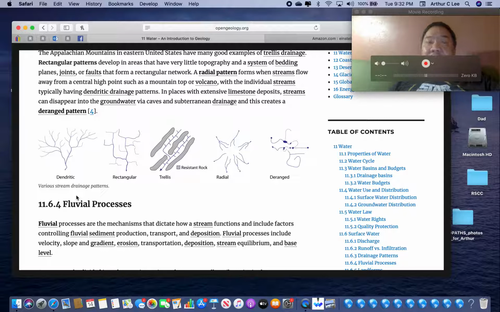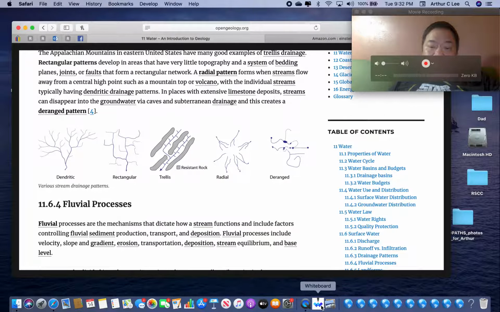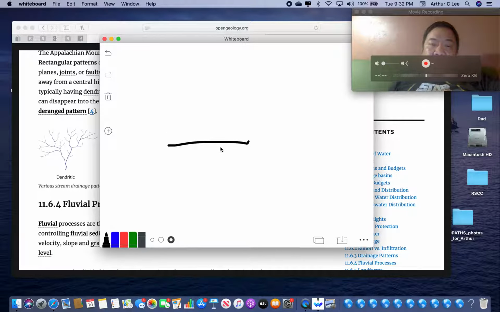So that helps the geologist because without even drilling into the ground, we know that the rocks underneath are horizontal sedimentary rocks, horizontal sedimentary beds. When you see a dendritic drainage pattern, the rocks underneath are layers that are horizontal like this.